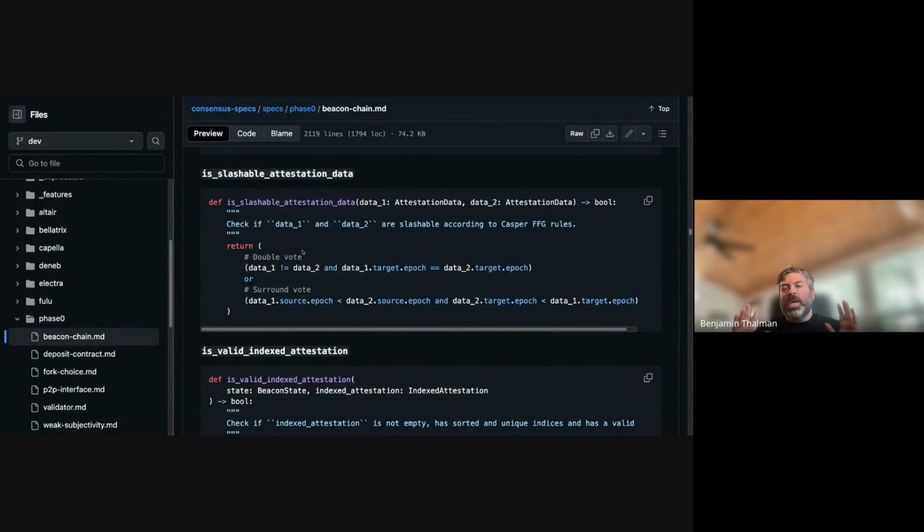So we have a sense of what causes a slashable event. The other thing probably helpful to mention about slashable offenses is that the specs and the implementation of the specs can't distinguish between a malicious intent and an honest mistake.